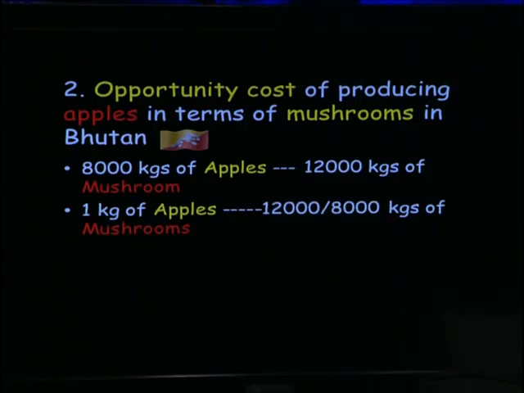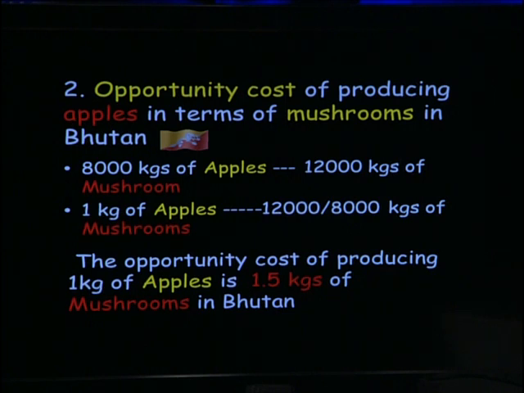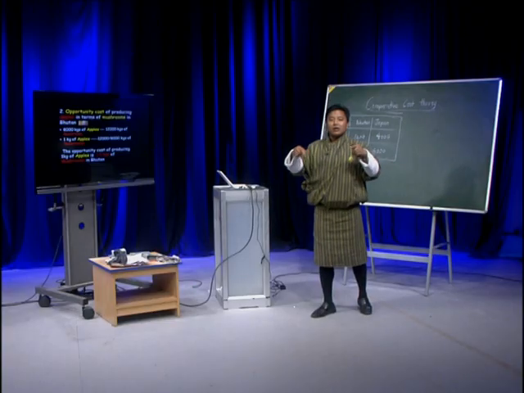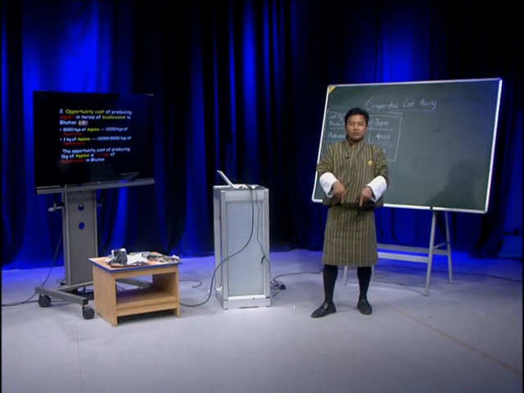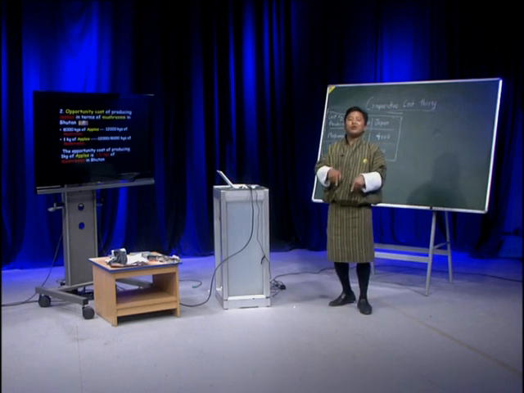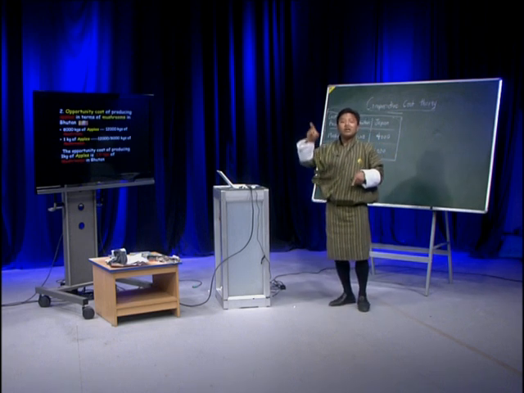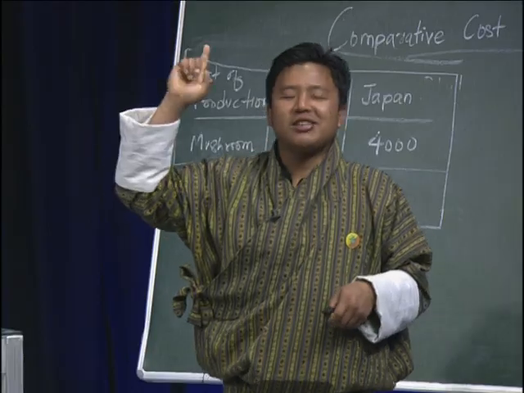Similarly, in order to produce 1 kg of apple, Bhutan has to sacrifice 1.5 kg of mushroom. So we have calculated the opportunity cost of producing mushroom and of producing apple in Bhutan. Now we have to calculate the opportunity cost for another country, that is Japan.